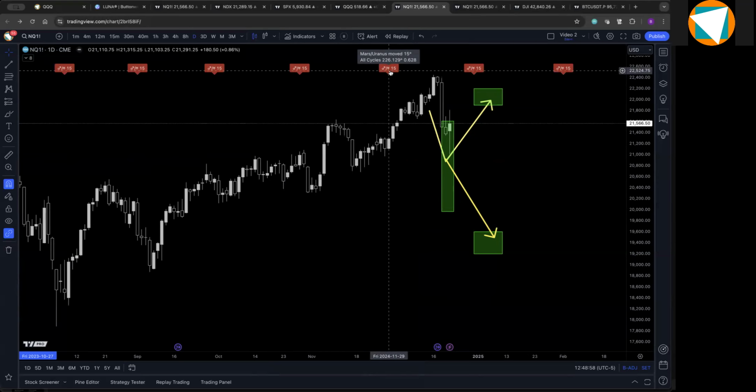So again, this is why I think the psychology of trading is probably the most important skill to master, to be able to recognize data points that don't align with your bias and not marry your bias, so that you can switch gears and take advantage of trends. But this last Mars Uranus 15 at the end of November very definitely was a pivot low, right?